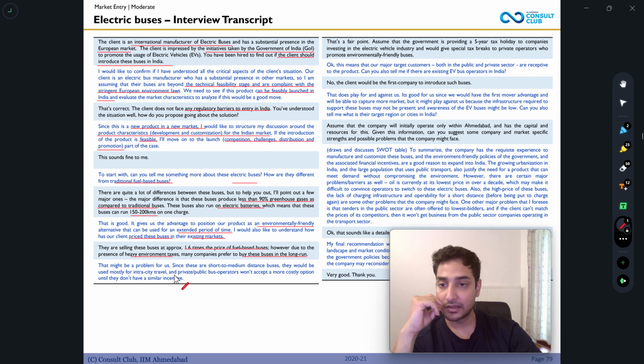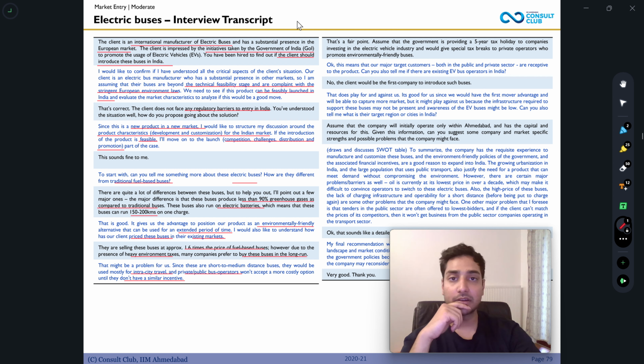Okay, that might be a problem for us since these are short to medium distance buses. They would be used mostly for intra-city travel, and private and public bus operators won't accept a more costly option until they have a similar incentive. That's pretty fair for the Indian market.